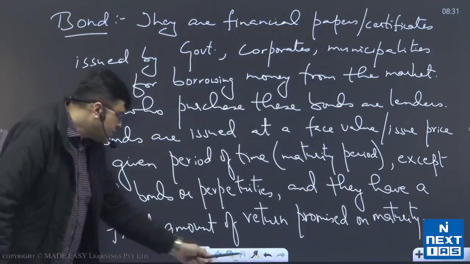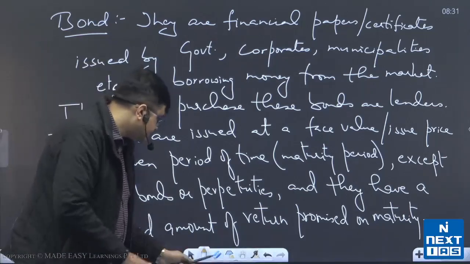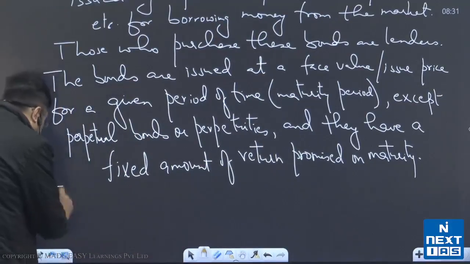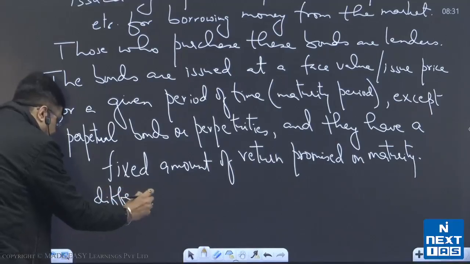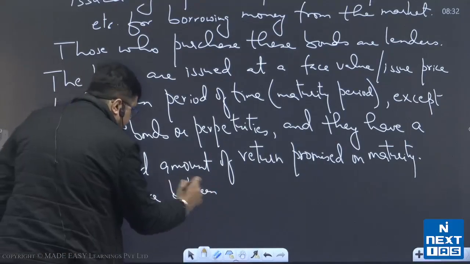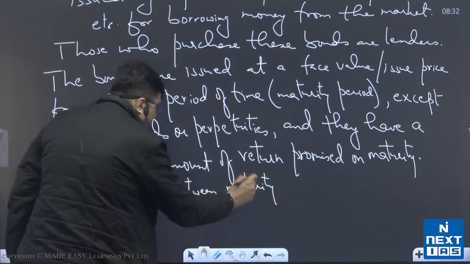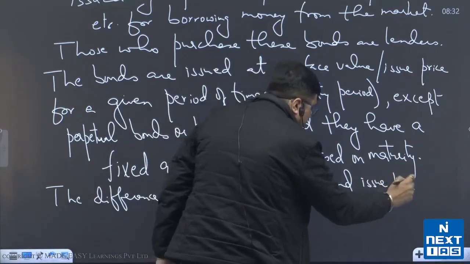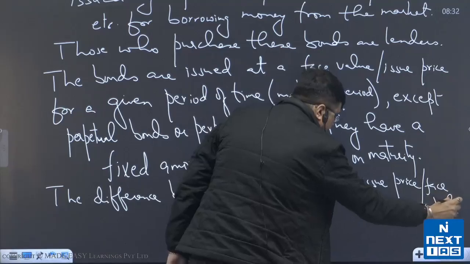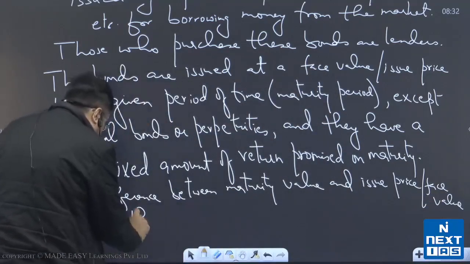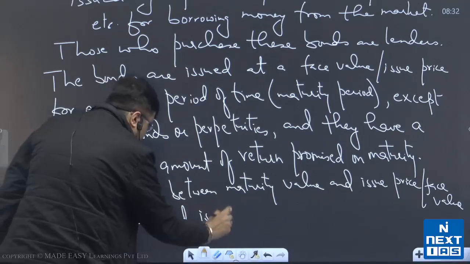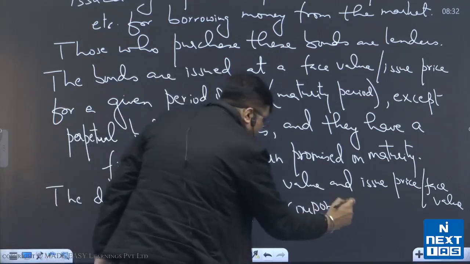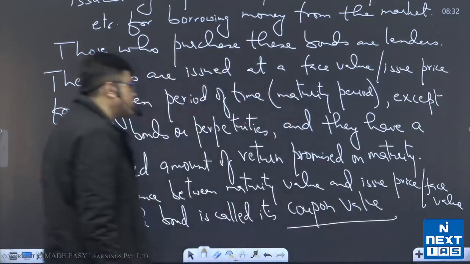Also remember, the difference between maturity value and issue price or face value of the bond is called its coupon value. ये fixed होता है हमेशा.